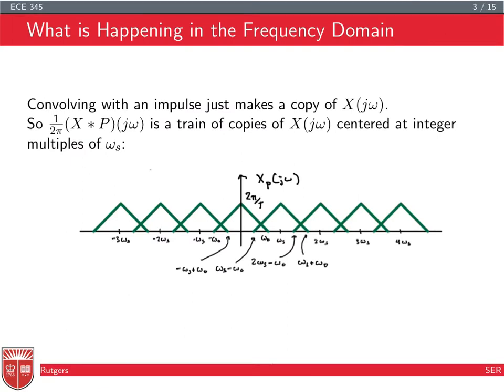Last time we showed that when we sample in the time domain with a period T, so sampling every T seconds, if your unit is a second, this means that the sampling frequency, an angular frequency, is 2 pi by T. This is the angular sampling frequency.